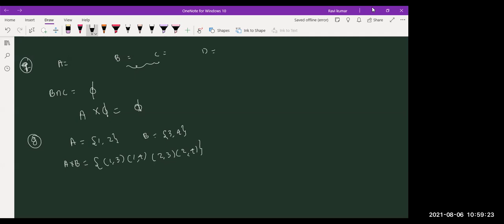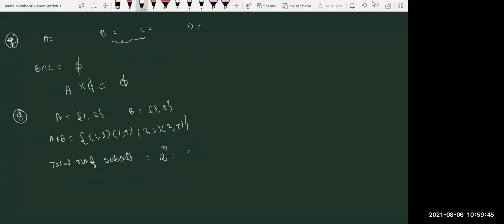How to find the total number of subsets? Anyone in the class? What is the formula? 2 power n. Total number of subsets is 2 power n. Correct? Understand?